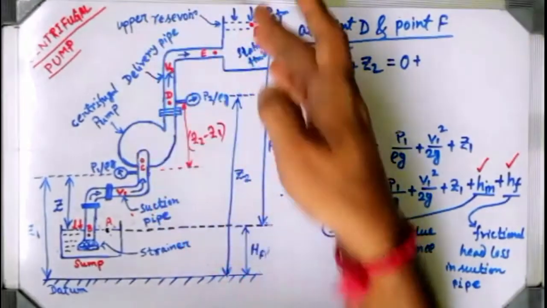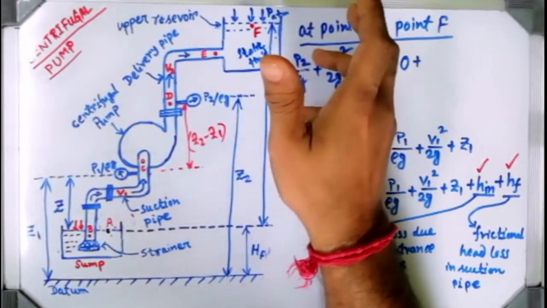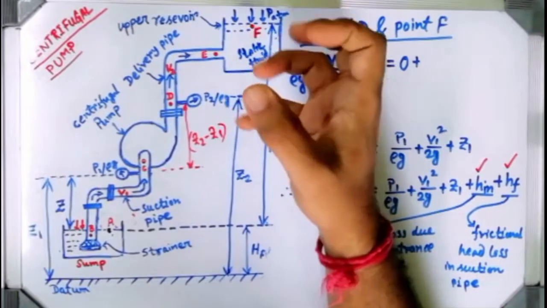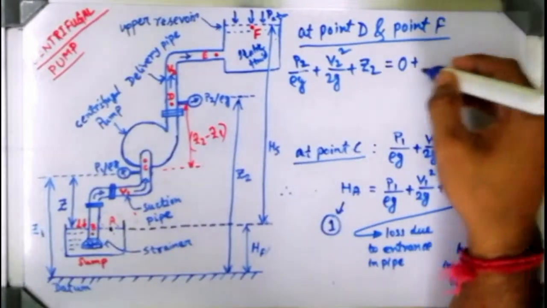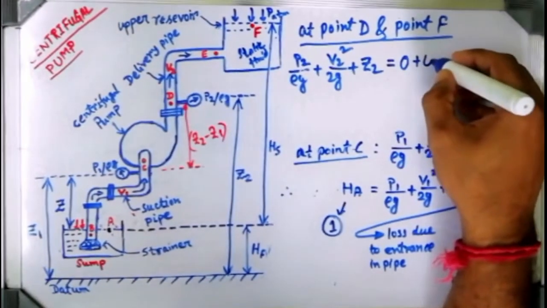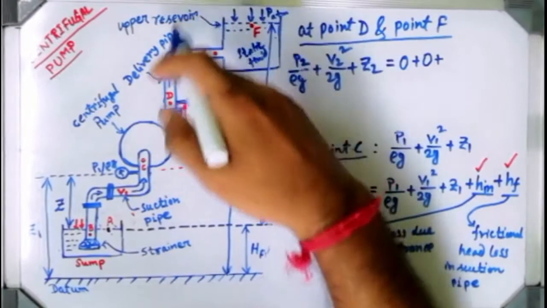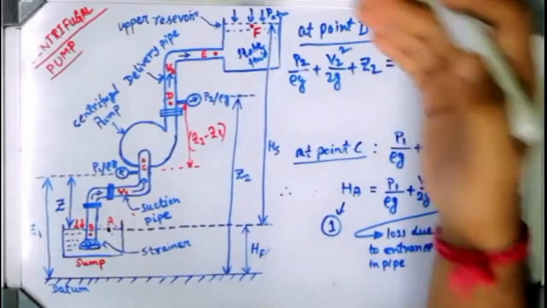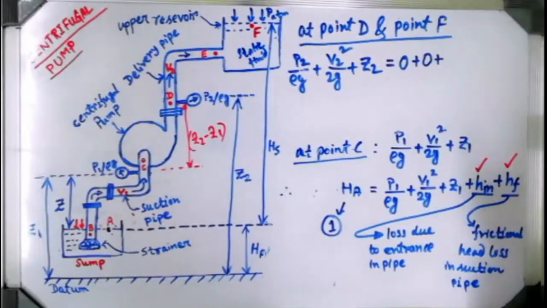Then where does this energy go? Actually that kinetic energy is converted into intermolecular energy, so the molecules absorb the energy. I am not going to enter into those details. So the velocity head also remains 0. Why is it 0? Because the fluid we consider is a big reservoir, so the velocity becomes static immediately after entering this big reservoir.